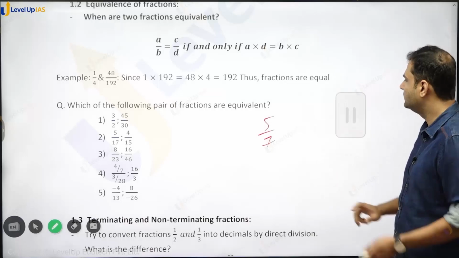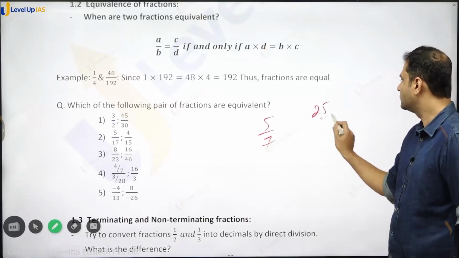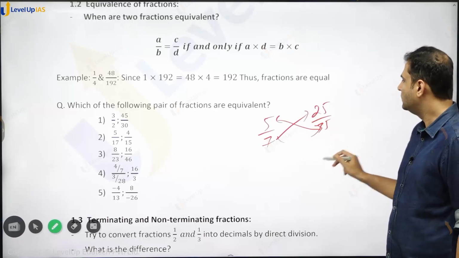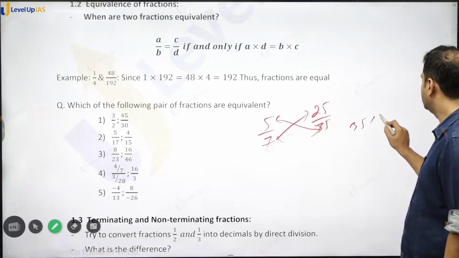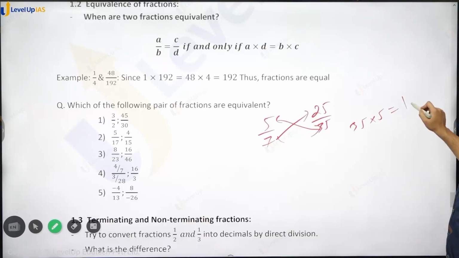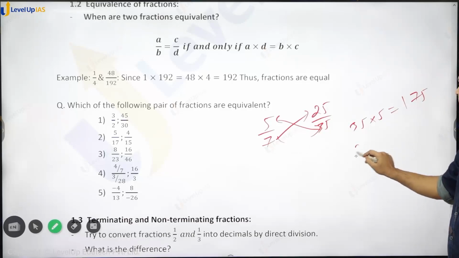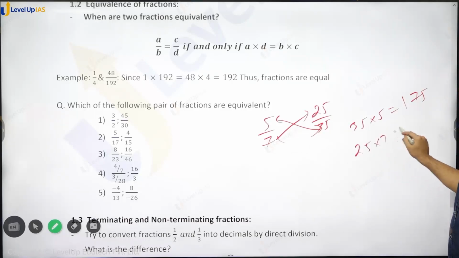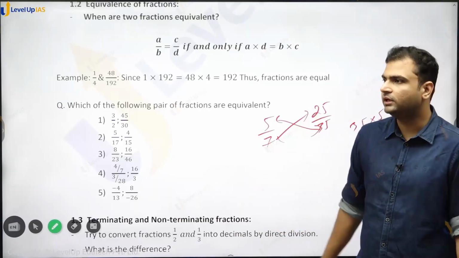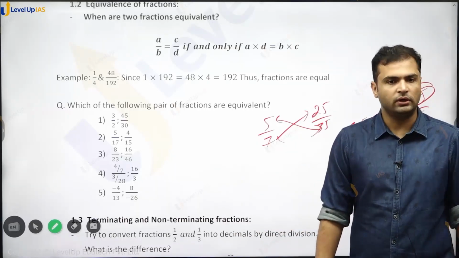Another way is you check by cross multiplication. 35 into 5, it is nothing but how much? 175, and second is 25 into 7, which is also 175. Since the cross product is equal, we say that fractions are equal.